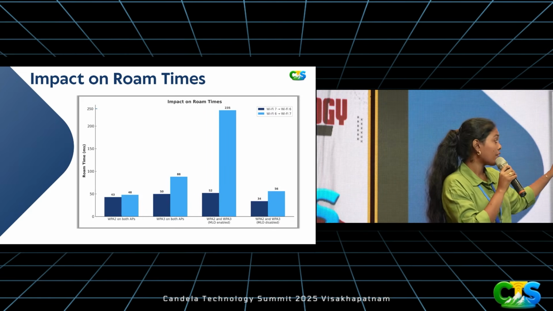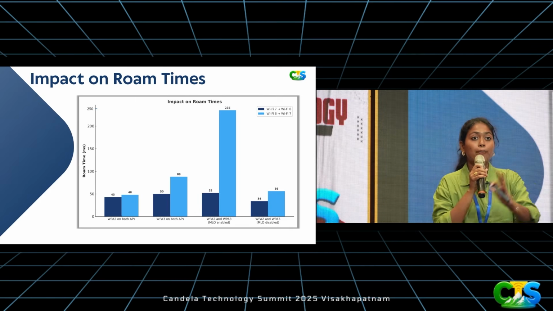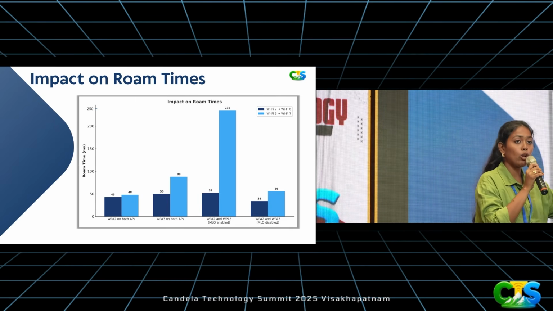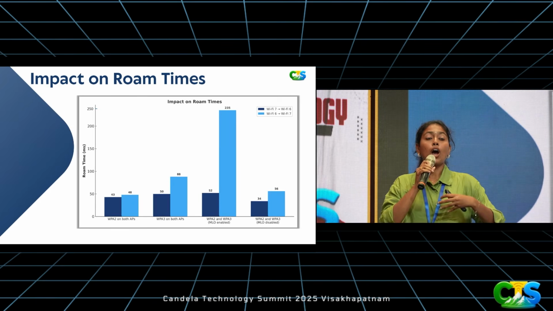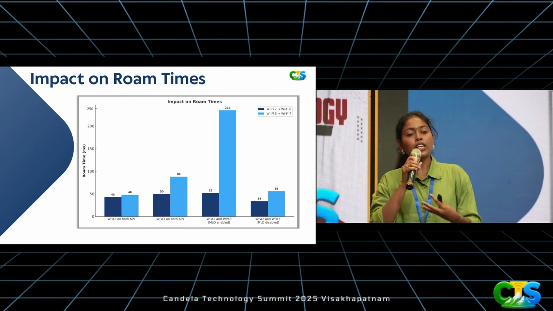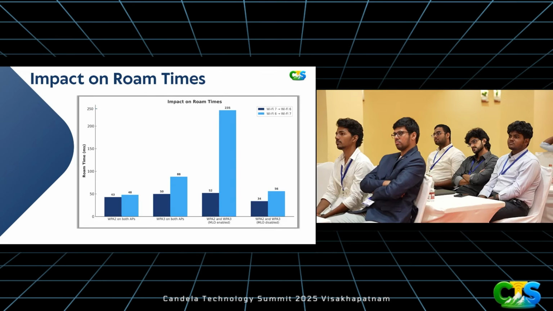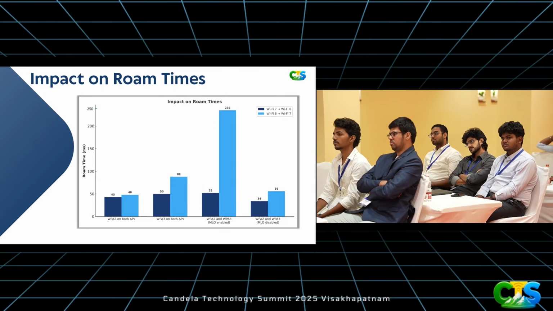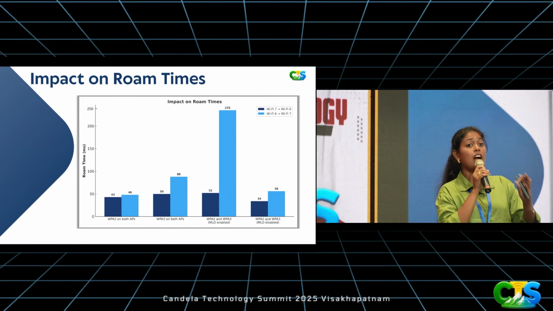When the Wi-Fi 7 client is roaming from a Wi-Fi 6 AP to the Wi-Fi 7 MLO enabled AP, you can see that the roam times exceed an acceptable range. Generally, in Wi-Fi, we consider roam times within 100 milliseconds as good. But in this case, the roam times are exceeding 100 milliseconds.